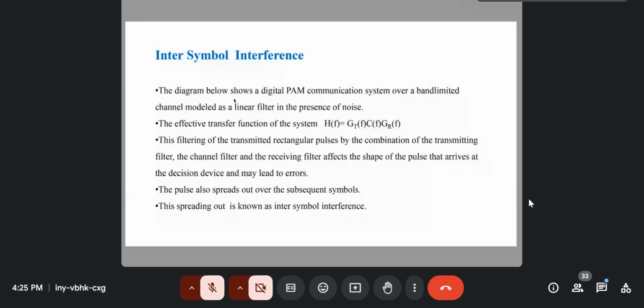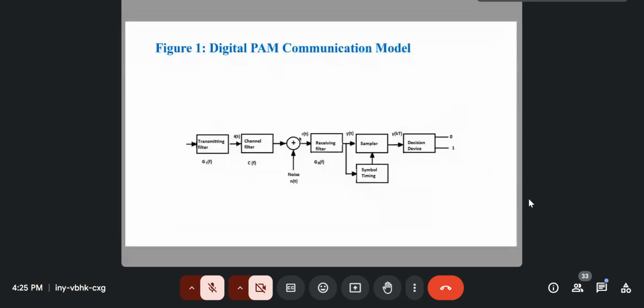Intersymbol interference. I've just drawn this diagram here to show you exactly what happens when a symbol is moving from the input into the system until it arrives at the receiver, because remember, this is a symbol.